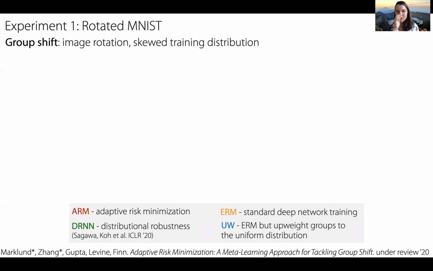Our first experiment is on a really simple situation where we're considering the MNIST data set, and group shift will be caused by rotations in the image. Our data distribution is going to be significantly skewed towards some image rotations, and some other image rotations will be significantly underrepresented in the training data set.